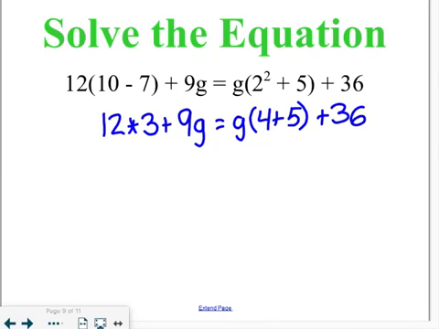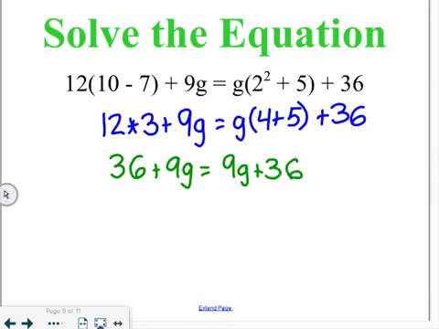Taking a next step in PEMDAS on both sides, I end up with 36 plus 9g is equal to 9g plus 36. Again, you have the same amount of variable on each side, so we can ignore those for a minute, and our statement now says 36 is equal to 36.